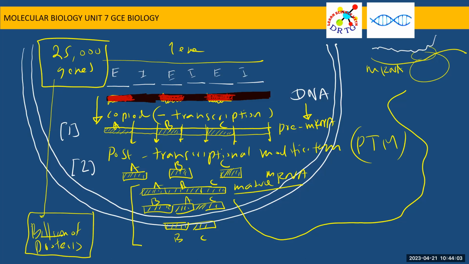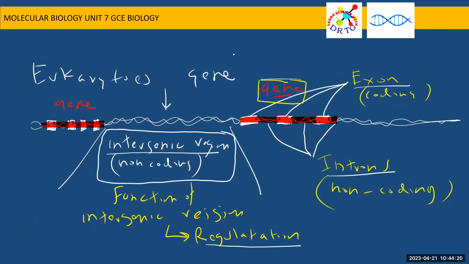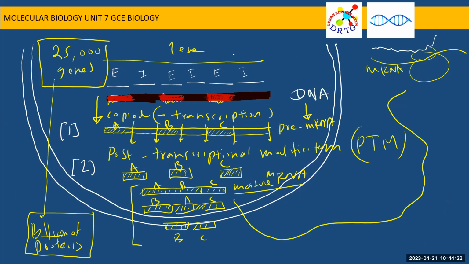I just highlighted introns and exons here. We are learning the nature of eukaryotic and prokaryotic genes, so we try to understand how they differ and what the significance of prokaryotic and eukaryotic genes is. But when it comes to protein synthesis, definitely we're going to learn a detailed process.